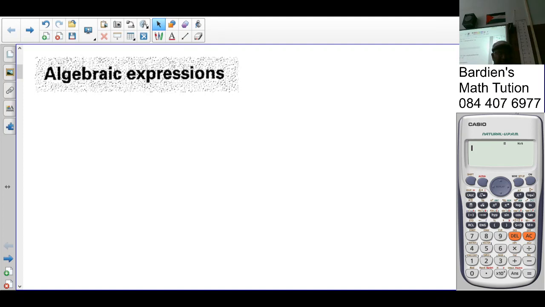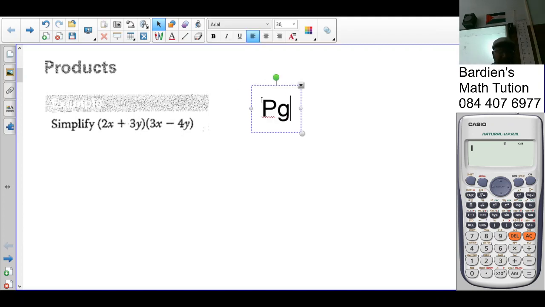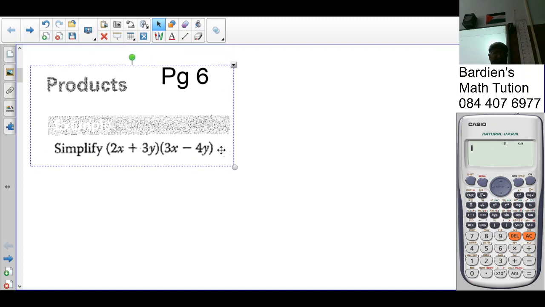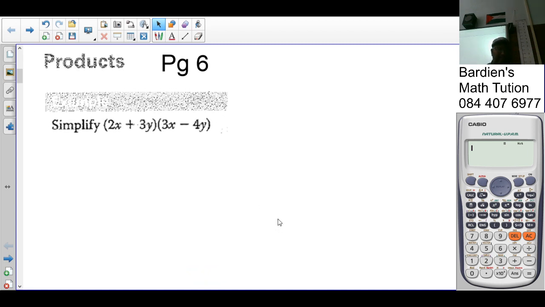Just let me know when I'm going too fast, okay? Okay, so this is the first example we're going to do. It's products on page 6. I want you guys to simplify.